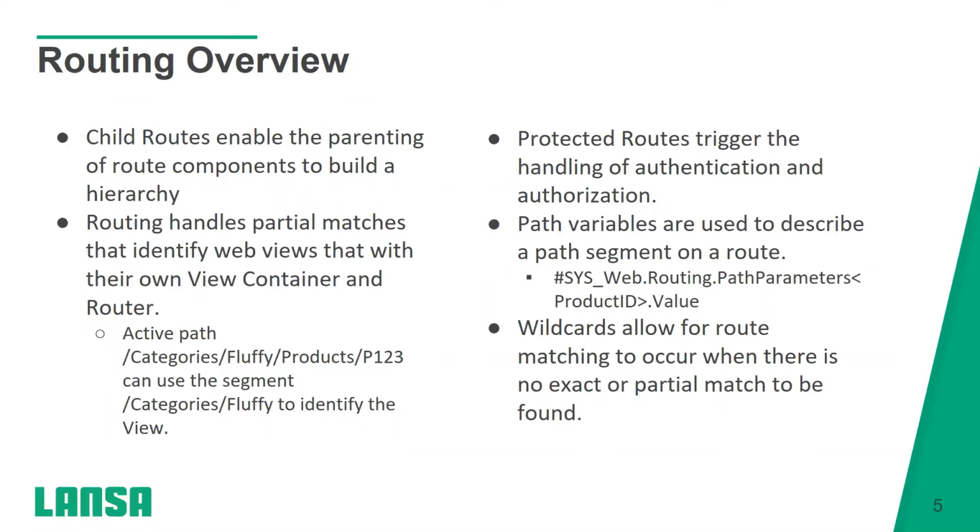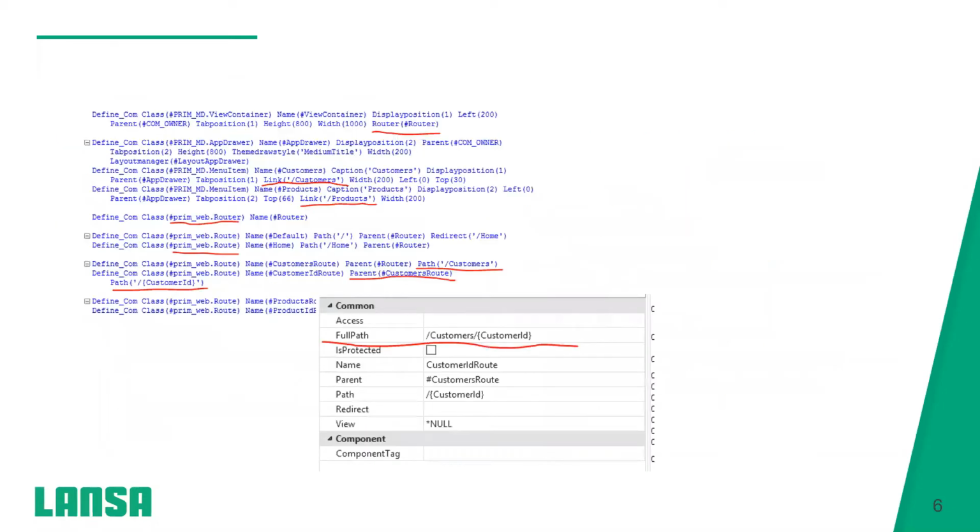Next slide. Yeah, so this slide just gives you a general overview or an idea of what you'll see within the Visual LANSA IDE. What you see here are actually two separate ways of instantiating your routes.